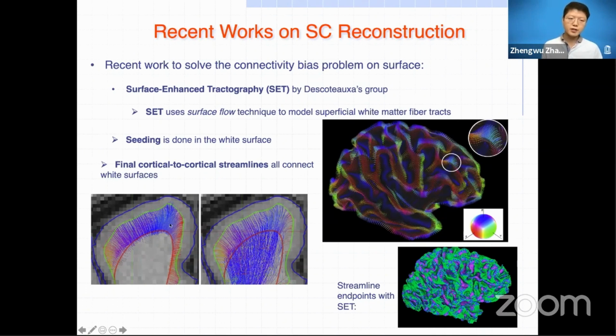At the interface region, they use a surface flow technique to build a prior from the geometry of the white surface, because there the signal you measure from your scanner is not so reliable. So instead of using the signal you measured there, they propose to use prior knowledge summarized from histological data. That overcomes this gyral bias and gets more uniformly distributed connectomes on the surface.